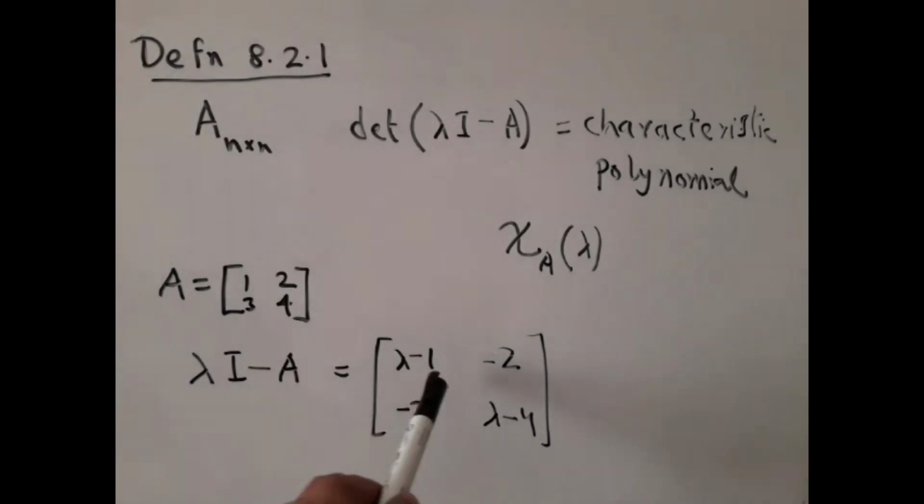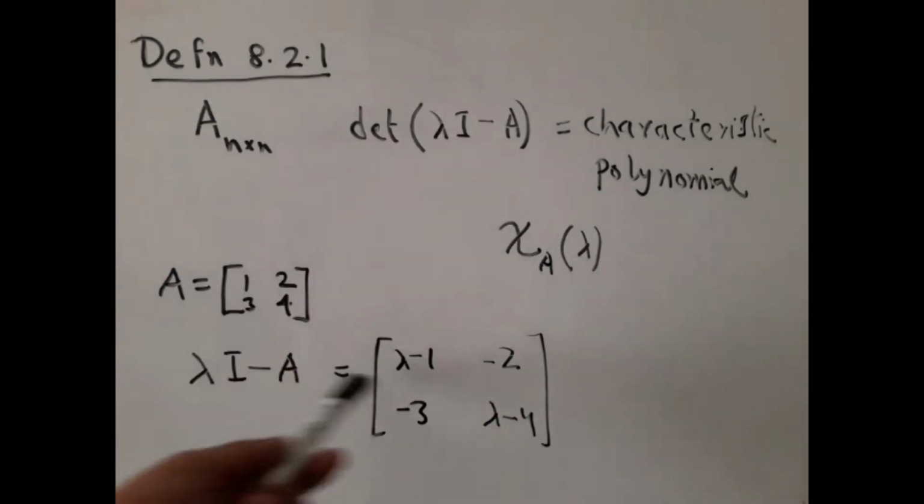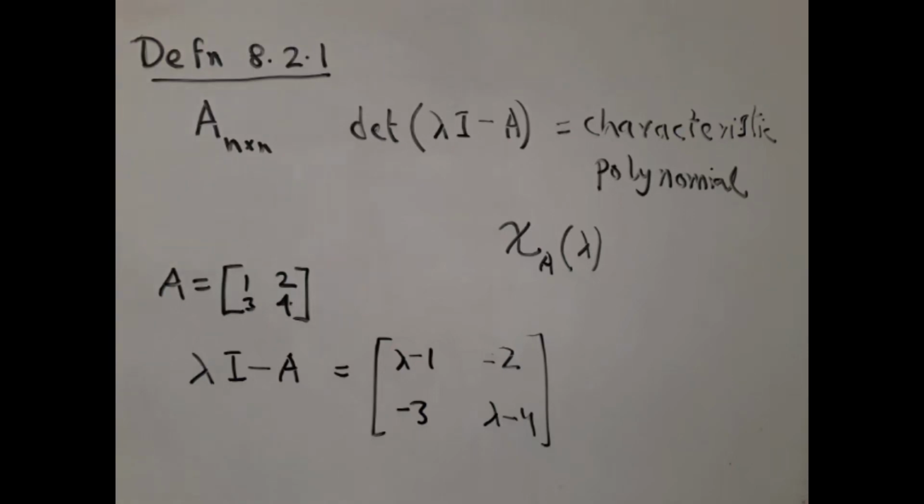So, since lambda occurs, lambda minus something, in only the diagonal entries, you are never going to have anything like 1 over lambda or e to the power lambda, sine lambda or anything. So you will only have lambda, lambda square, lambda cube terms. Now there is only one case when you will have n many lambdas, when you are taking all the diagonal entries, and that will give you lambda to the power n.